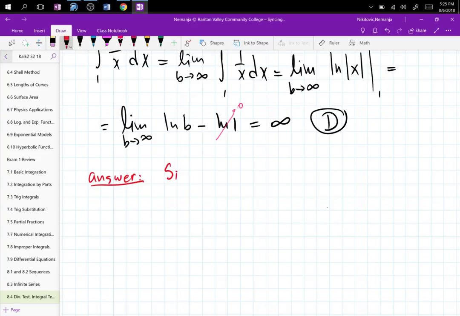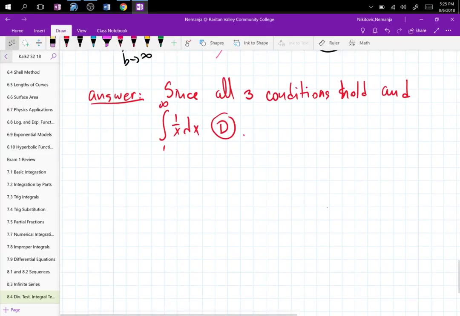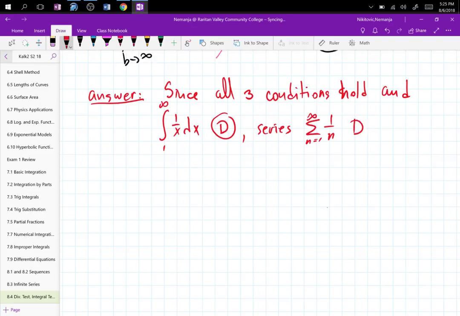Answer. Since all 3 conditions hold, and the integral 1 to infinity of 1 over x dx diverges, series summation n goes from 1 to infinity 1 over n diverges by integral test.